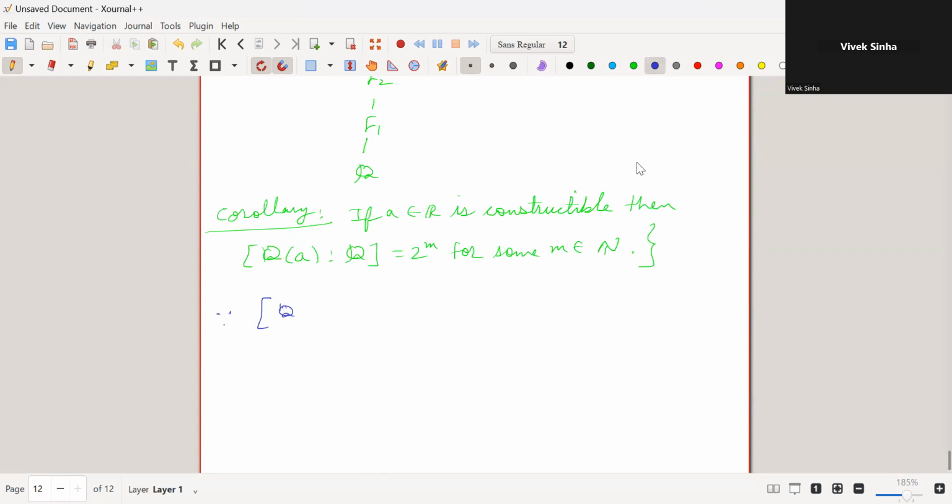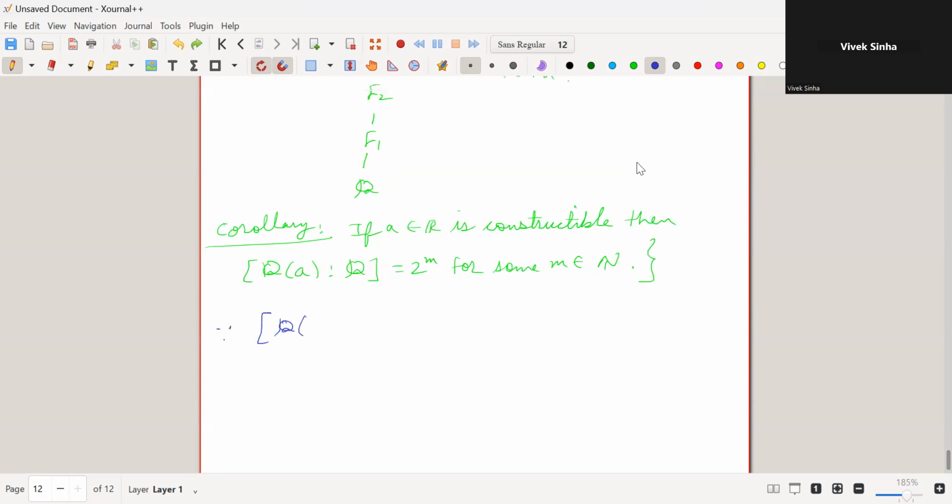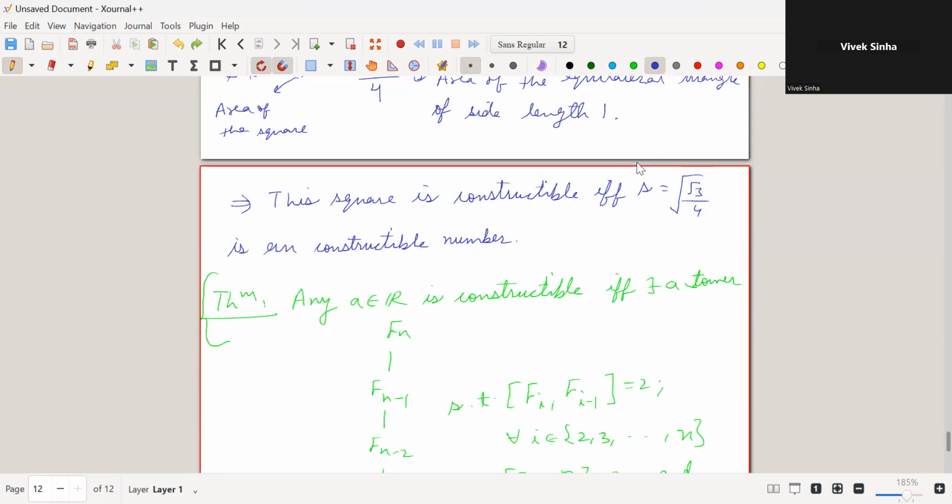So the degree of Q(root of 3^(1/4))... an error I have done. So this is nothing but root of 3 by 2, right?